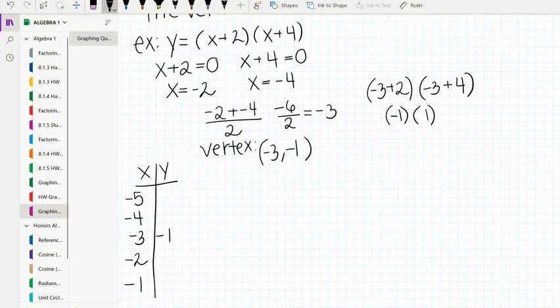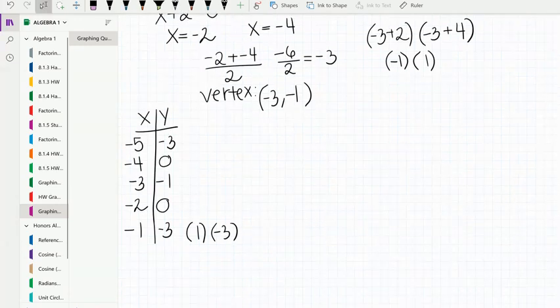Well, good news, we already know that -4 is 0 and -2 is 0. So to get the other ones, we know they're going to have the exact same value because it's always symmetric about the vertex. So we only need to plug in 1. I'm going to plug in -1 because it's a little bit easier. So -1 plus 2 is 1, and -1 plus 4 is -3. So we get -3 and -3.